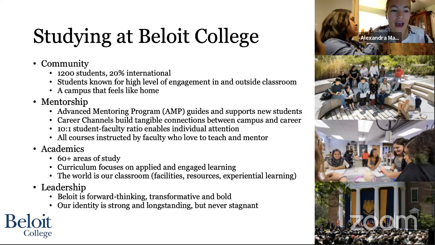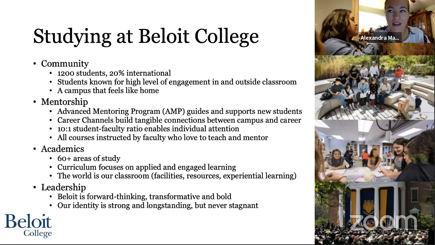So these are really the four pillars, I think, of a Beloit education: community, mentorship, academics, and leadership. Mentorship: I've talked about faculty as mentors. We have designed a very engaging advising program that connects our students with advisors within three days of committing to Beloit.